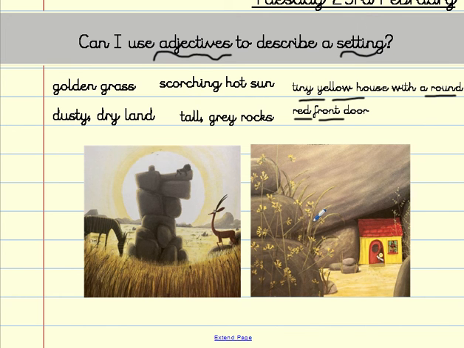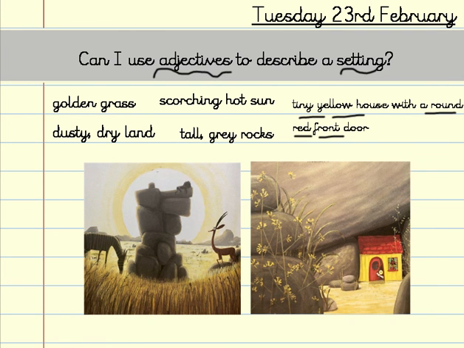So I will put again this worksheet up on Class Dojo, and I want you to think of lots and lots of phrases, so using adjectives to describe what the setting looks like. Okay, have a go and upload your photo to Class Dojo of your writing.